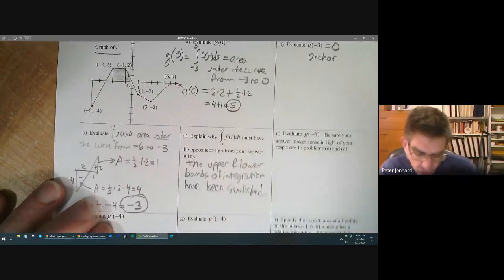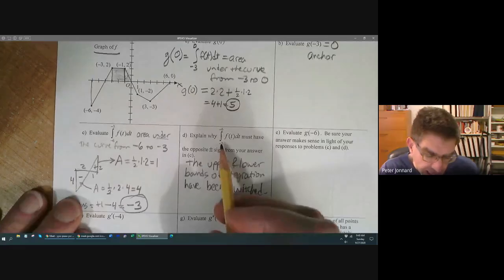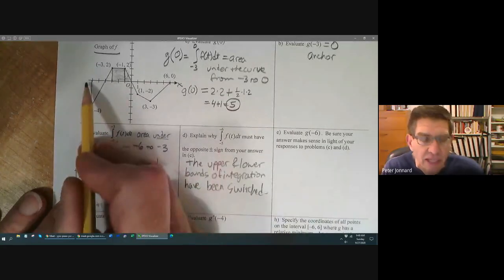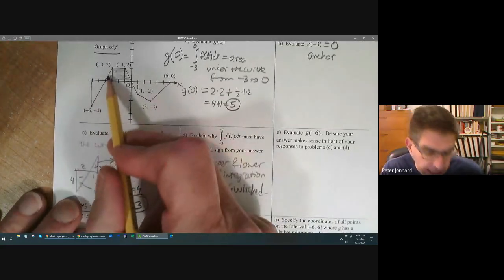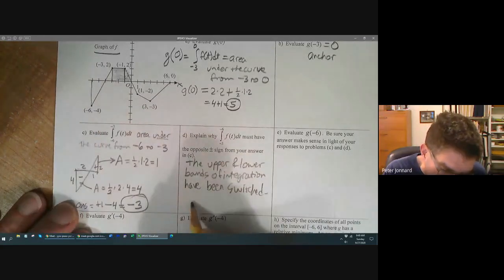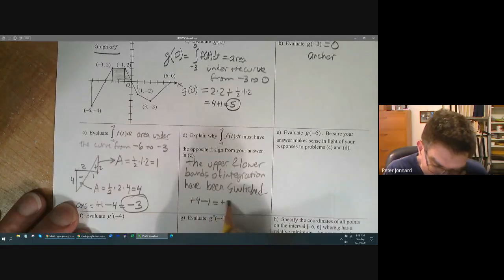Okay, and that's just a rule. If you, instead of going from left to right, as we did here, go right to left, then things above count as negative and things below count as positive. And so we'd end up with a +4 and a -1, and that would be equal to +3.